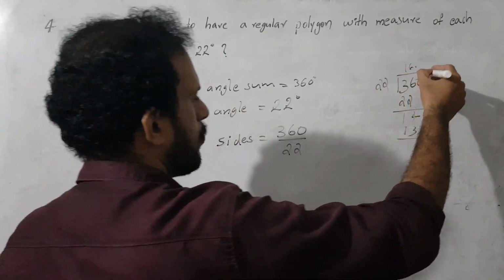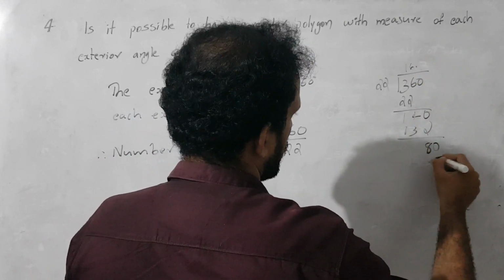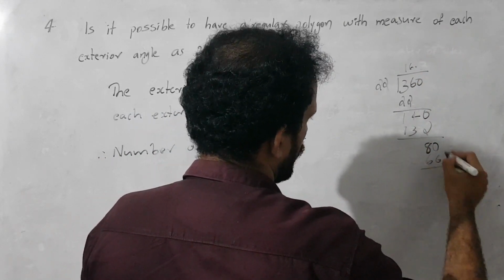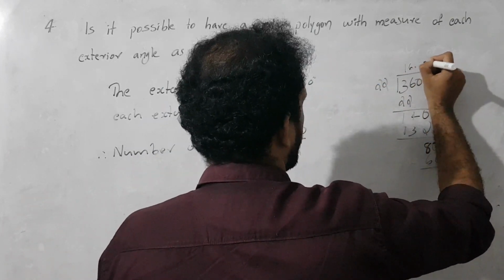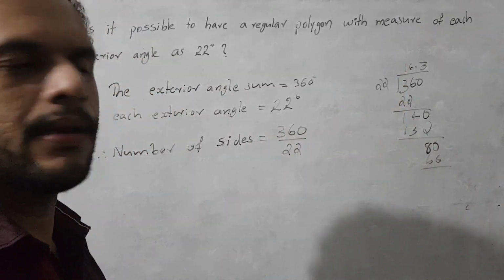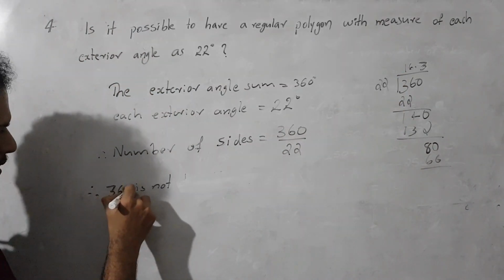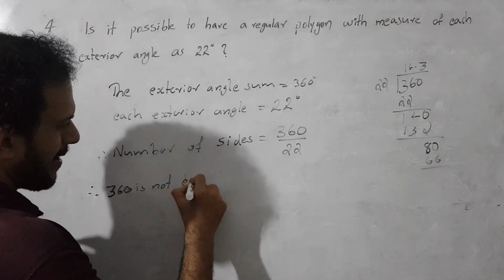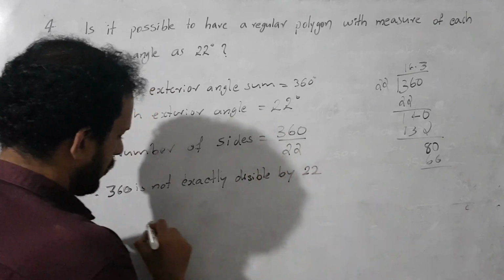If you divide 80 by 22, what do you get? 16.3, 66. Then again we need to subtract like that. Okay, we got it. The answer is 16.3 like that. Okay. So what do we conclude? Therefore, 360 is not exactly divisible by 22.